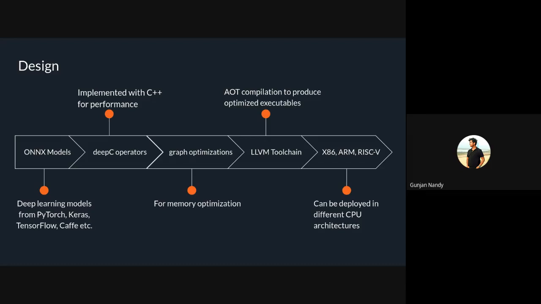Then we are passing those models to our deepC operators, which are implemented in C++ for performance in the backend. We are doing graph optimizations after that for our memory optimizations. Then in the backend, as I told you earlier, we are using the LLVM toolchain, which helps produce optimized executables for those small embedded devices, and we are currently supporting x86, ARM, RISC-V, etc. Those kinds of CPU architectures.